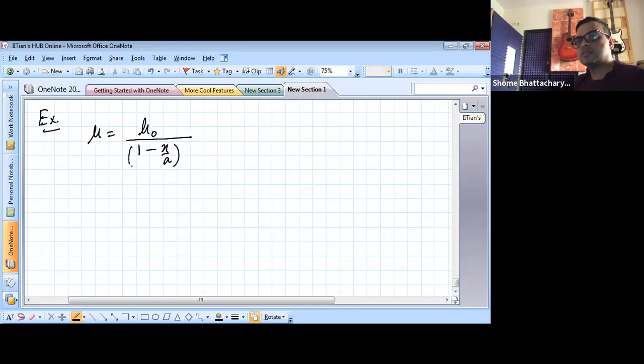Like this. So the refractive index in a region where x is greater than or equal to 0, y is greater than or equal to 0, and z is greater than or equal to 0. So z we can take as the entire z axis.